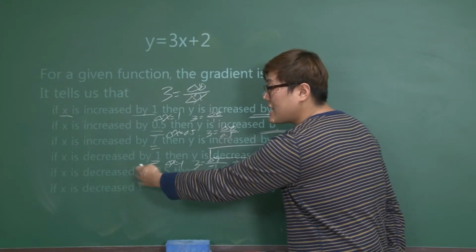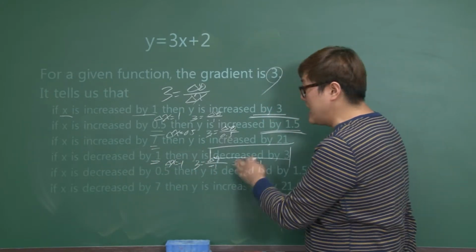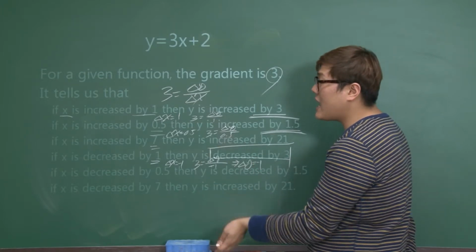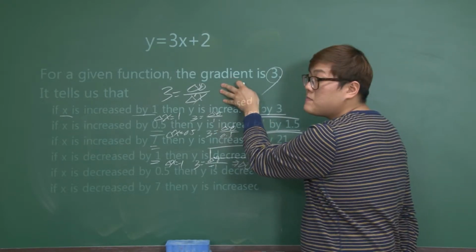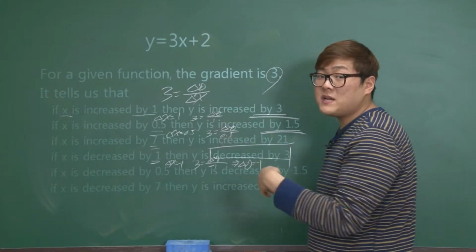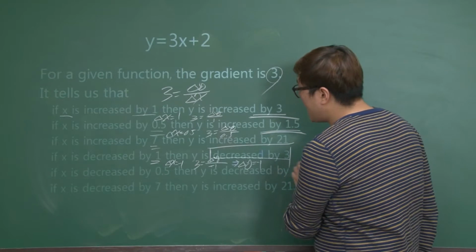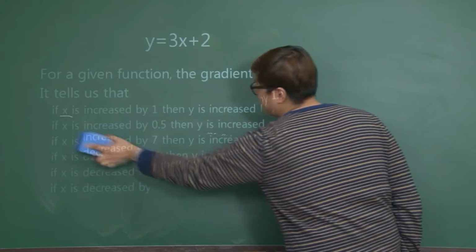If you decrease x by some value, y is also going to decrease at some rate. Like I said, the gradient means the ratio between the difference of y and the difference of x.